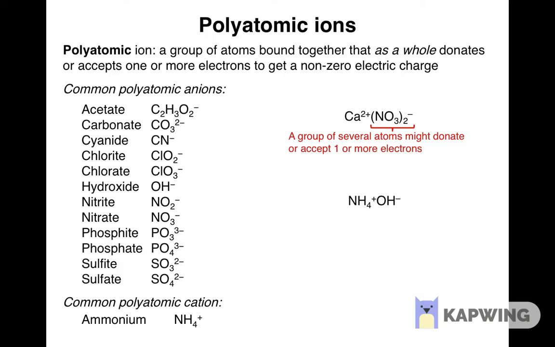Because the charge of an ammonium cation is 1+, and the charge of a hydroxide anion is 1-, there must be equal numbers of ammonium cations and hydroxide anions in the compound in order for it to be overall electrically neutral. Therefore, its empirical formula can be written as NH4OH.